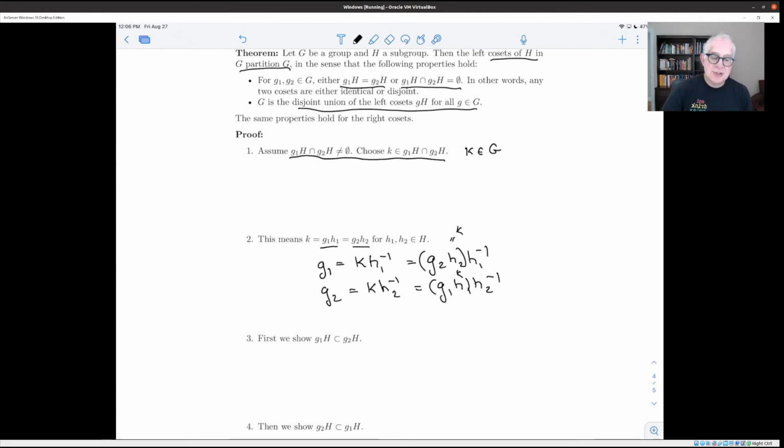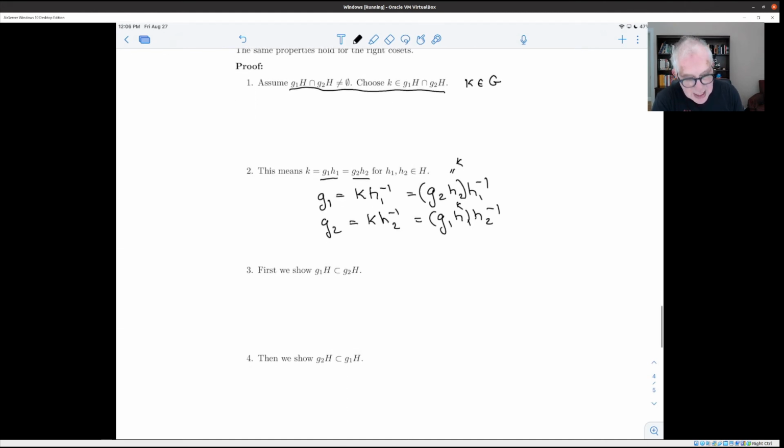And we're going to use these 2 equations to show that the 2 cosets are equal, because how do you prove that 2 sets are equal? You show they're included one in the other, both ways. So first we're going to show that g1H is contained in g2H. And to do that, we let x be an element of g1H.